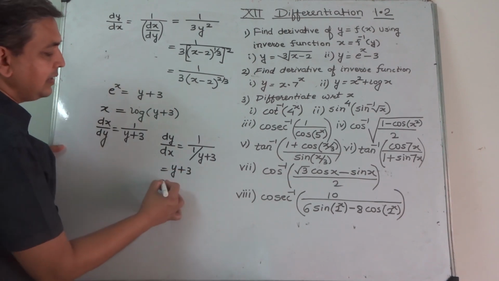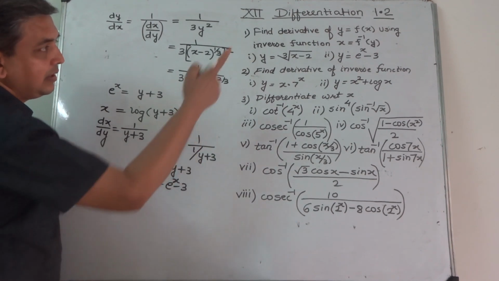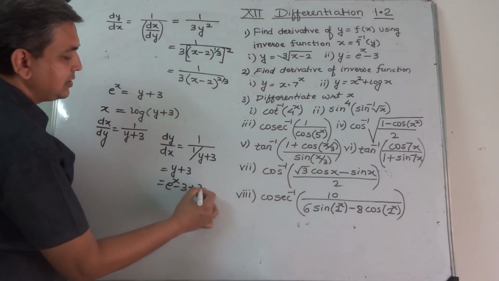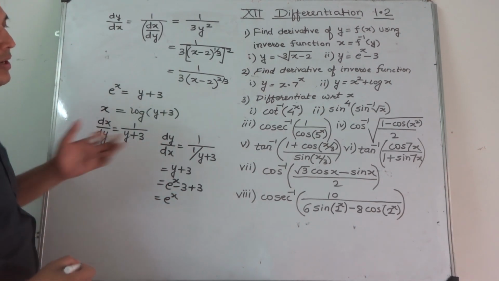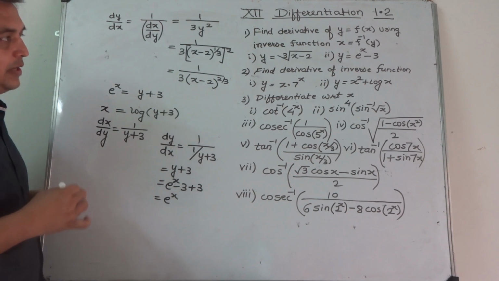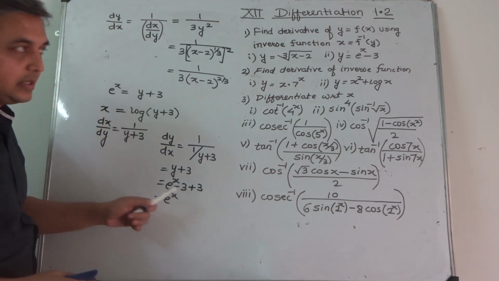And what is y? It is e raised to x minus 3, and then plus 3. So it gives e raised to x. So the derivative of this function is e raised to x using the inverse. So I hope this method is clear to you.